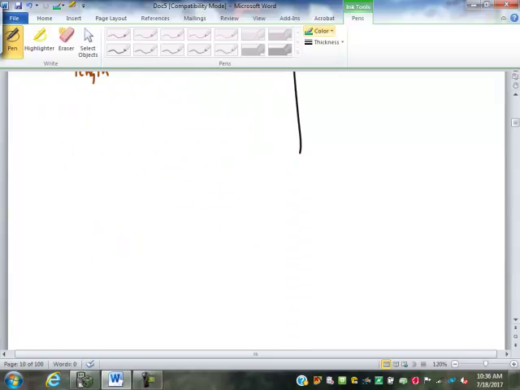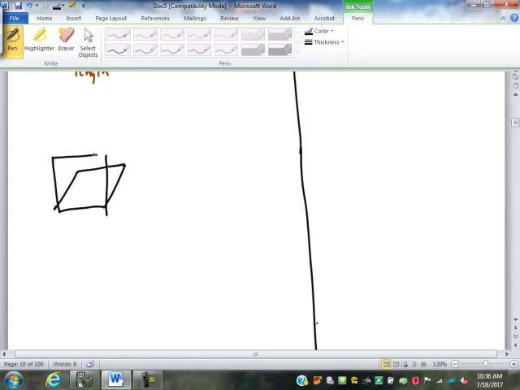Let's take a box now. Now, for those of you who are spatially impaired, drawing that box might be really difficult. And the way I did it there is kind of ugly anyway.